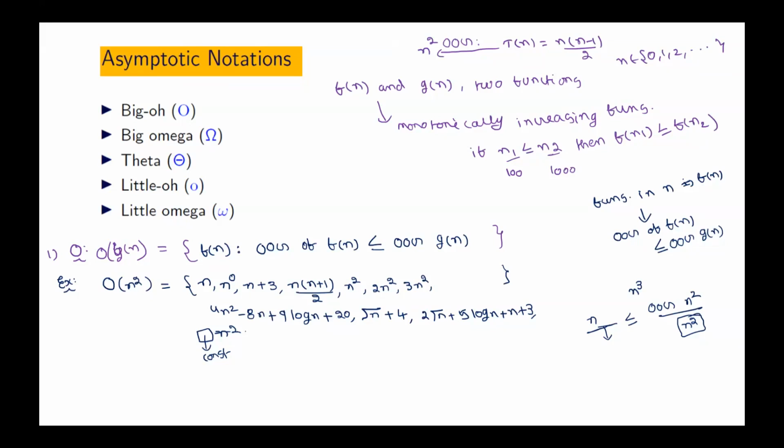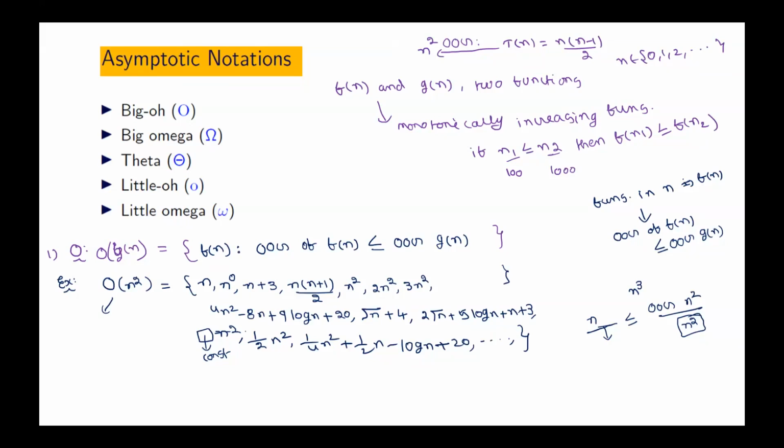2n square, 3n square, 4n square, 5n square, 6n square, 1 by 2 into n square, 1 by 4 into n square plus 1 by 2 into n minus log n plus 20. Is that correct? Yes. So like this, we can write an infinite number of values as part of this set. Is it a finite set or infinite?